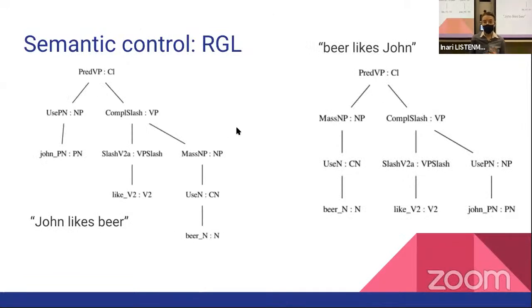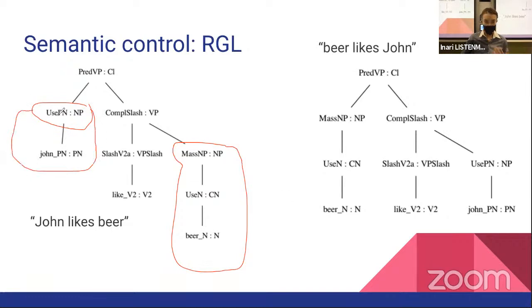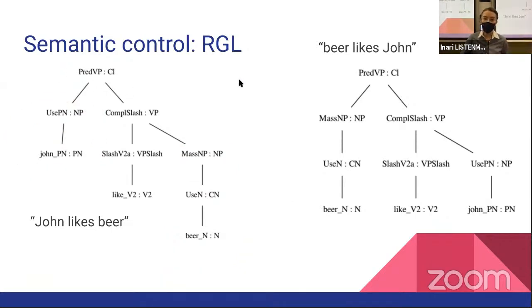So now if we talk about semantic control, in the Lexical Library, we can equally well say John likes beer and beer likes John, because this is a noun phrase and this is a noun phrase. And wherever we can put one noun phrase, we can put another noun phrase. So that's why we can say both.